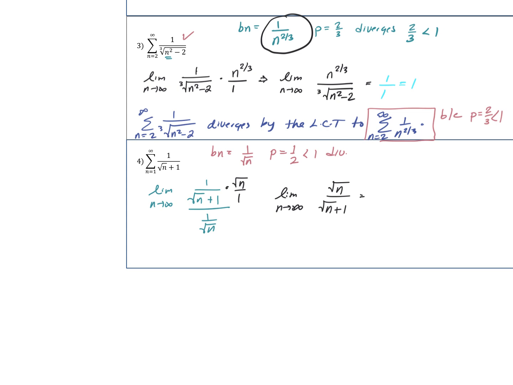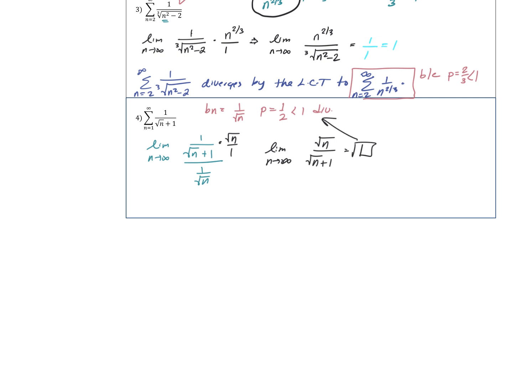You take the coefficient because the exponents are the same, which is 1. So it does whatever that does. So I would say that the original function diverges by the limit comparison test to, and I'm going to write my b sub n here, so 1 over root n, n equals 1 to infinity.